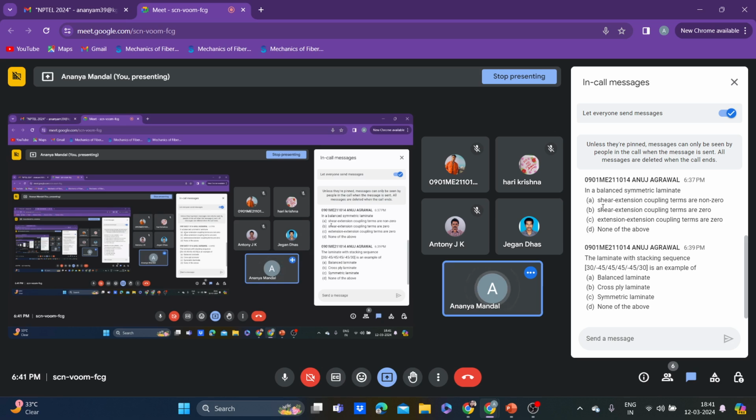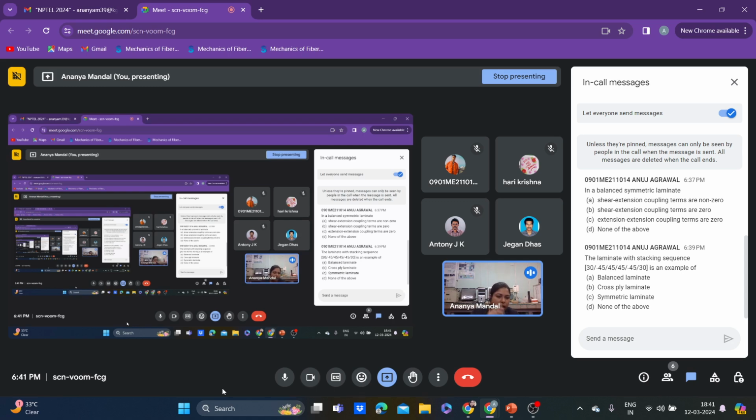And for the laminate with the stacking sequence, here you can see, the first thing is whenever you have to understand what type of laminate it is, first thing is to divide it into half.